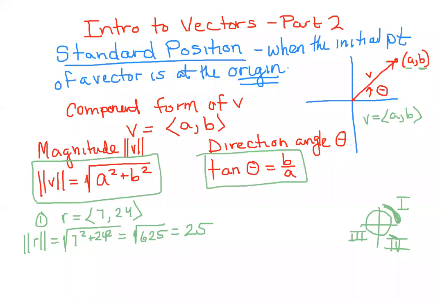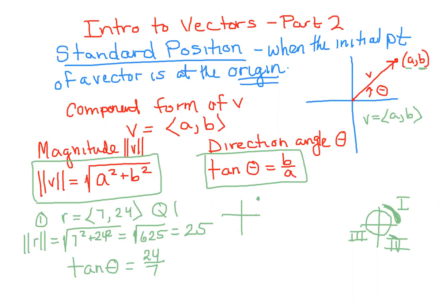So look at this problem right here. 7, 24 is in which quadrant? It's in quadrant 1. So we don't have to worry about it. Our calculator will give us the angle that we need. Tangent theta equals 24 over 7.